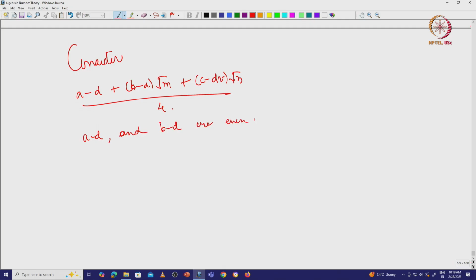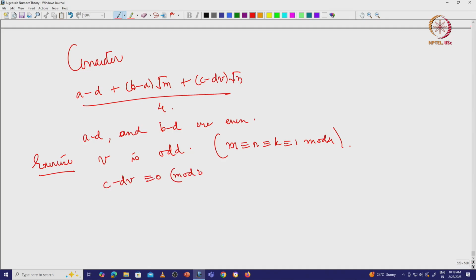What about V? V is necessarily odd, right. So maybe you can take this as an exercise. This is because M is congruent to N is congruent to K is congruent to 1 mod 4. So you see how V comes about, and it has to be odd, which means that C minus dV is also 0 mod 2, right.